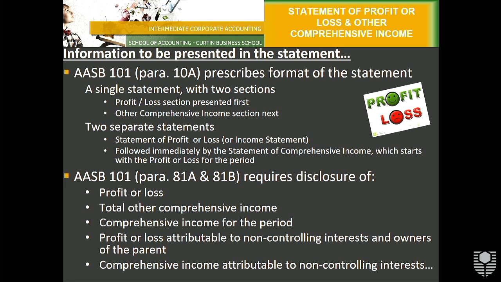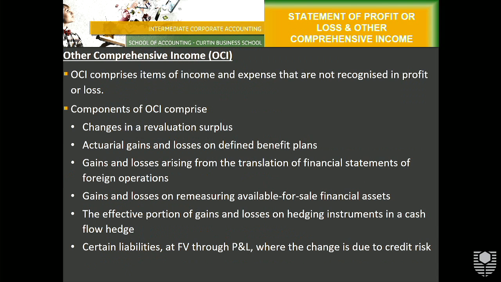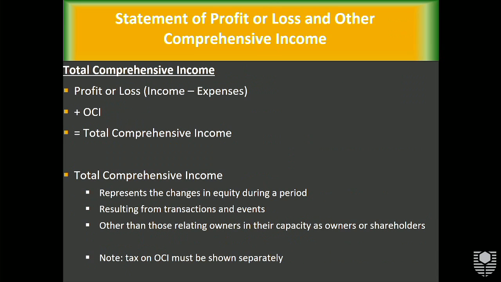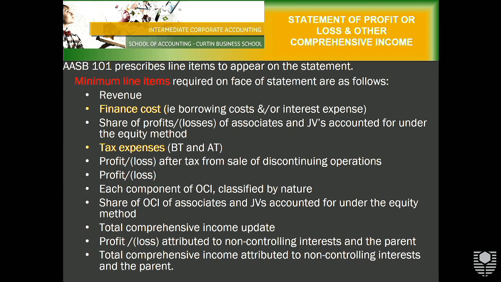The thing with the accounting standard is that with other comprehensive income, you must show the tax attached to that separately, if it's pertinent. There are a few other things attached to other comprehensive income in terms of companies, but we don't need to go into that.